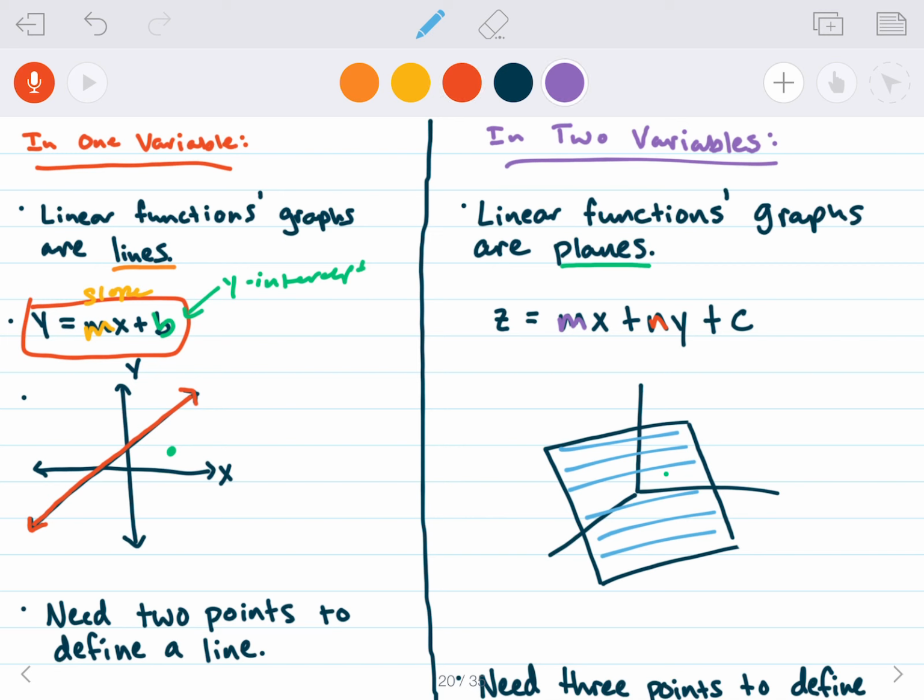And in this case, m is going to be the slope in the x direction. And n is going to be the slope in the y direction. And finally, c is going to be our z-intercept, or where the plane crosses the z-axis.